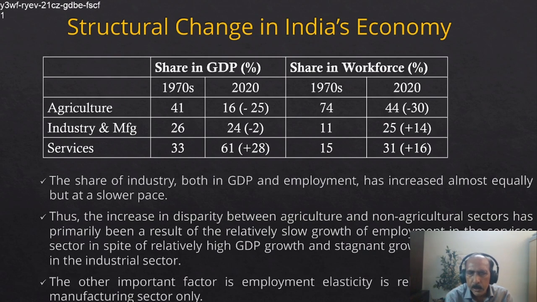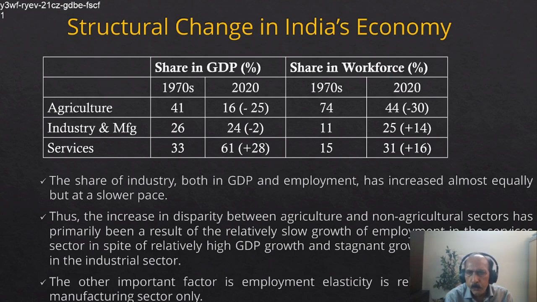But corresponding to this decline, the share of workforce in agriculture has not declined. The workforce in agriculture is still around 44%. 44% of our working population is still dependent on agriculture for their livelihood, and this is a cause of concern.